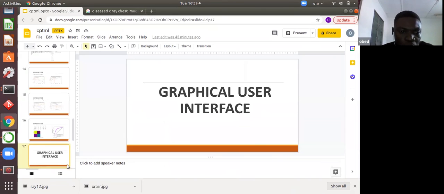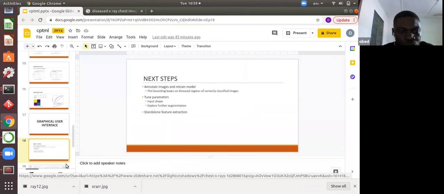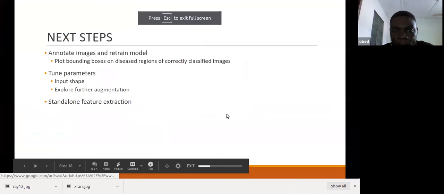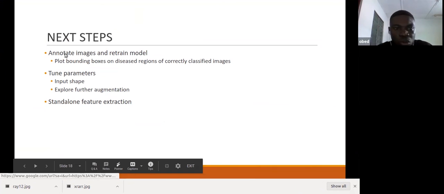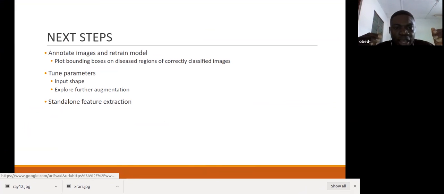So what can I do? Next steps. Annotate the images and retrain the model. Currently the model is not bounded. It's just looking at the image in general and trying to identify some features for it to label it as a diseased image or a healthy one.